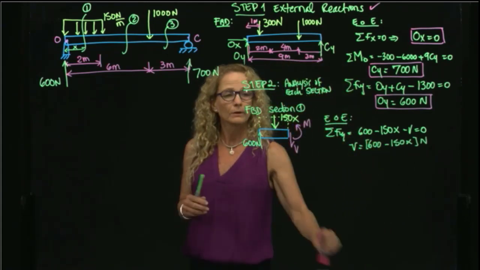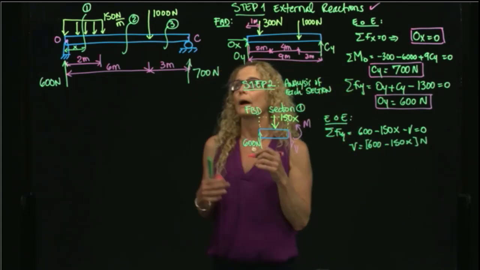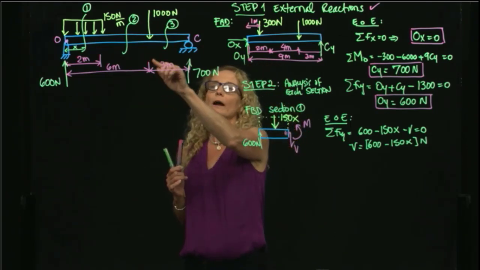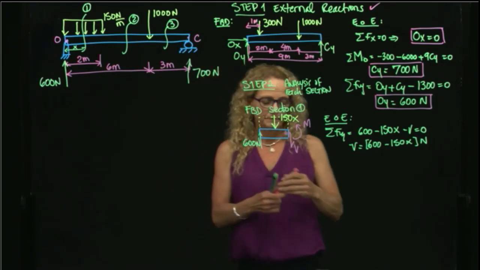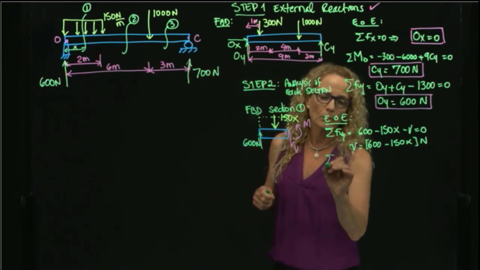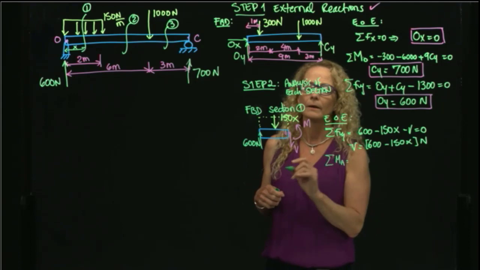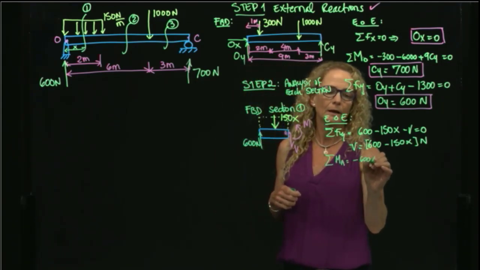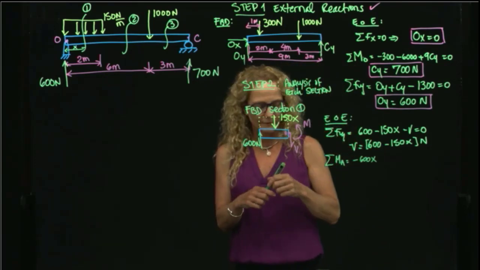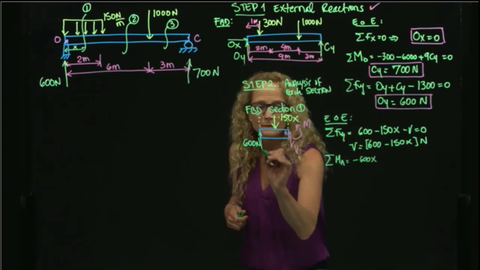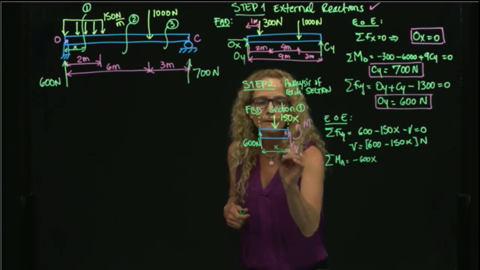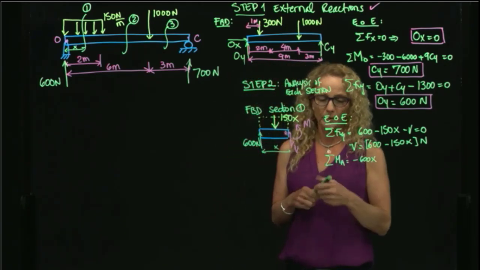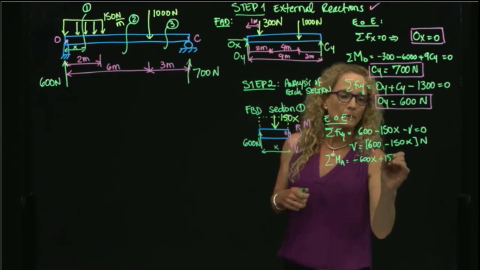I can take moment at this point that I can call A, not to call it O, which is my point where I will make the cut. So I will take moment at this point A, and that will be equals to negative 600x, right? Because this distance over here, I said that this distance over here is x. And then I have 150 positive x.